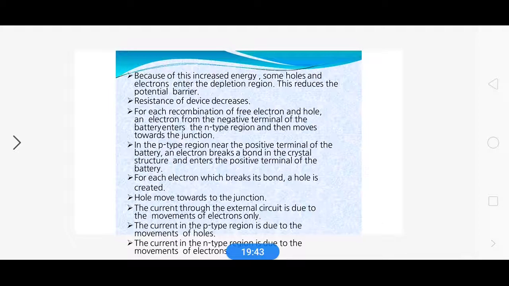For each recombination of a free electron and hole, an electron from the negative terminal of the battery enters the N region and moves towards the junction.